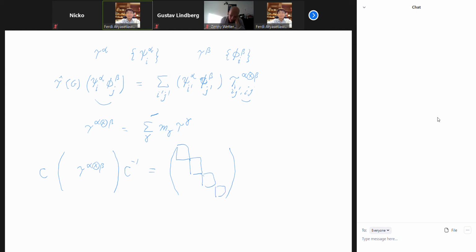So the m gamma tells us how many gamma representations appear in the decomposition. So for example, I could have T alpha twice, and then T beta, and so on, a number of times. So this is actually what we do when we combine two angular momenta.